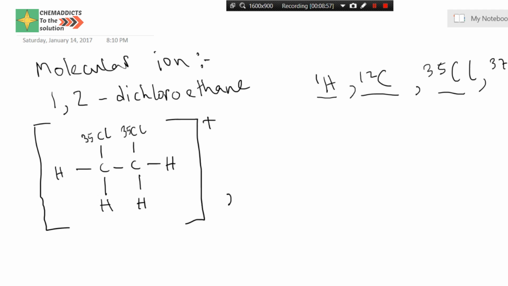Let us try to find another possible cation. If we use the combination of chlorine 35 and chlorine 37, we're going to be able to find other possible molecular ions.